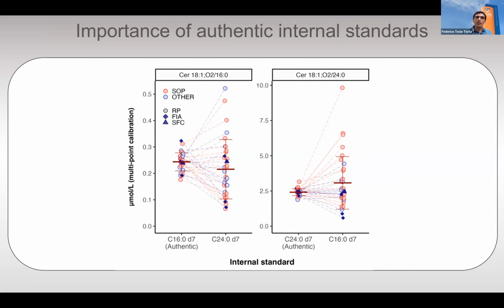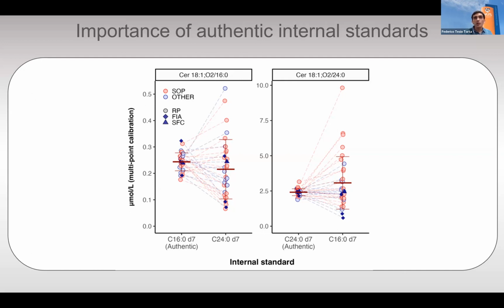But to evaluate the relevance of this choice we made, we normalized the peak areas for each endogenous ceramide species from each participant. You see them all represented here with either the authentic standard, which is, in this case, the corresponding stable isotope, or with one of the other 3 available labeled standards that we use to normalize the other 3 ceramides.